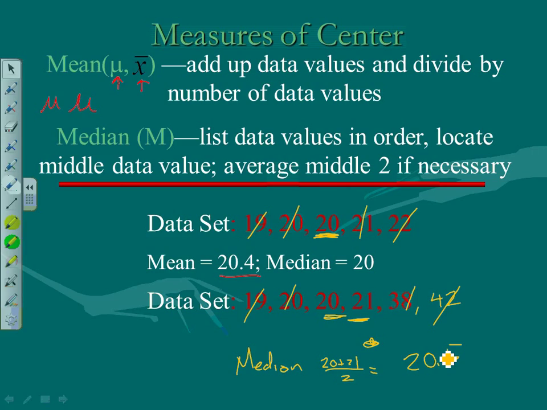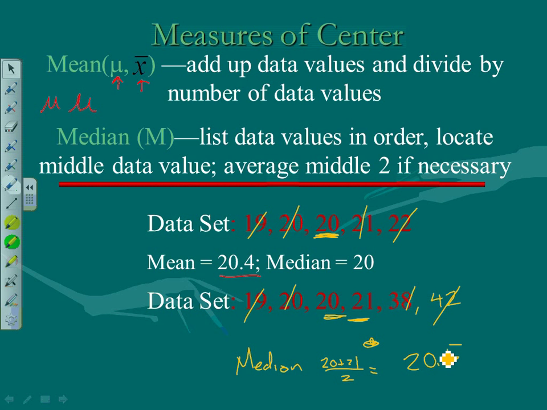Okay. What's great about the median is that it's right in the middle of your data. You know that half of your data will be below the median and half of your data will be above the median. You can't necessarily say that with the mean, depending on how your data is distributed.